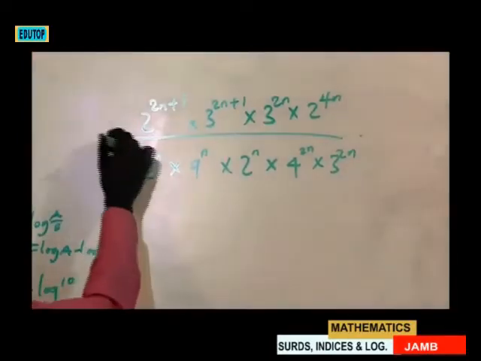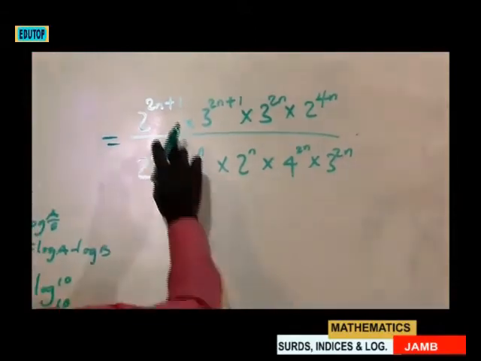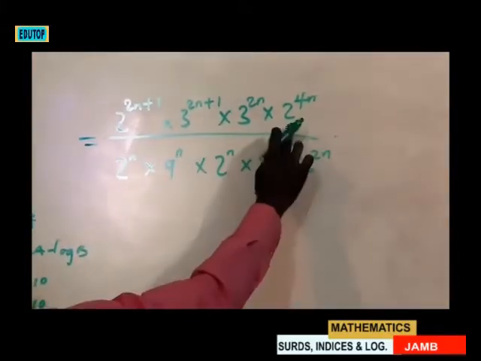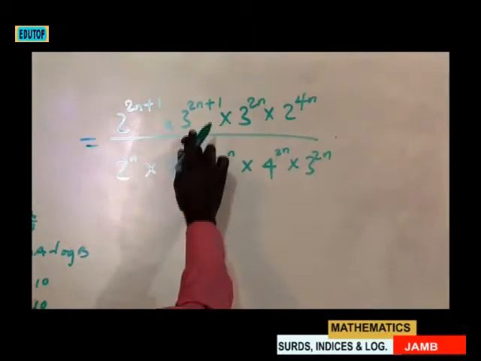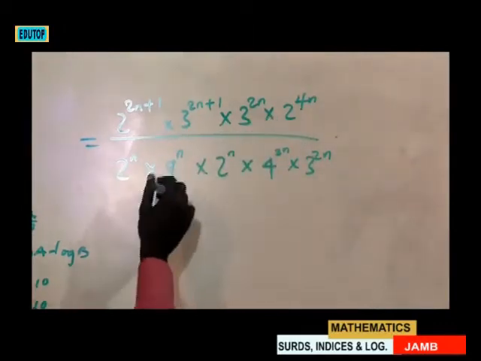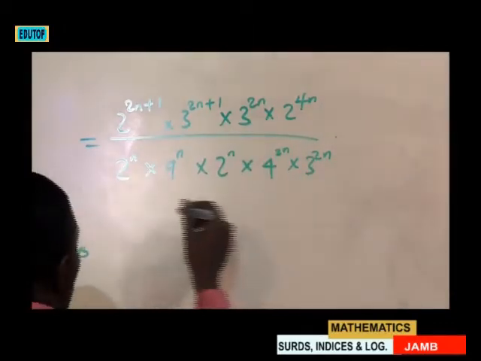Then the next thing to do is to combine those that are with similar base. Look at this and this, they are similar base. This and this, they are similar base. But before I do that, let me simplify these other ones first.